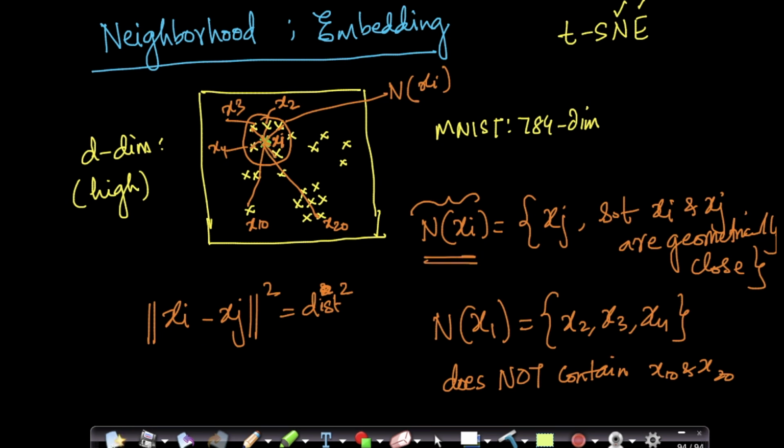Now let's understand what embedding means. Embedding is a very interesting idea. Imagine I have a d-dimensional space, and of course the objective of dimensionality reduction is to get this data to 2D or 3D so that I can visualize. Visualization is one of the objectives.